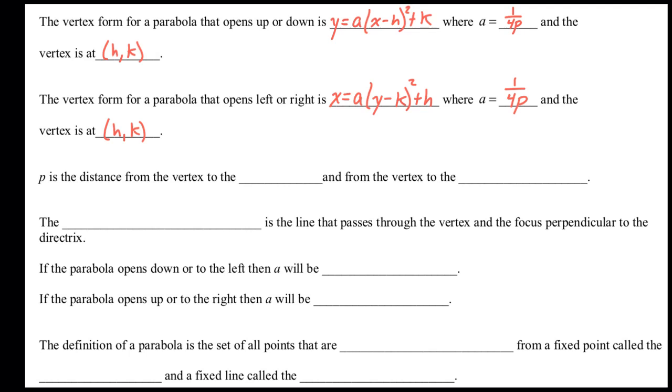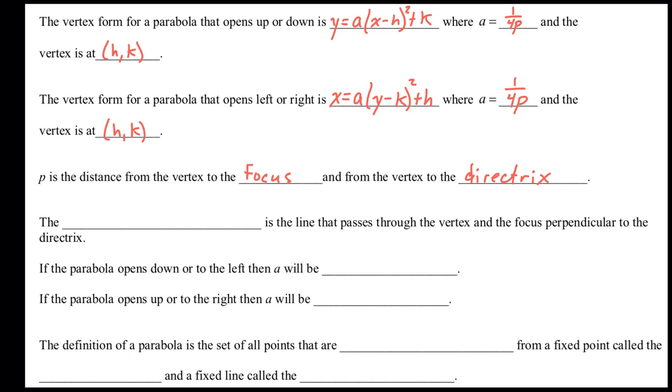All right, so p is the distance from the vertex to the focus and from the vertex to the directrix. The latus rectum is the line that passes through the vertex and the focus. I'm sorry, the latus rectum is not correct on this. Let me fix this.